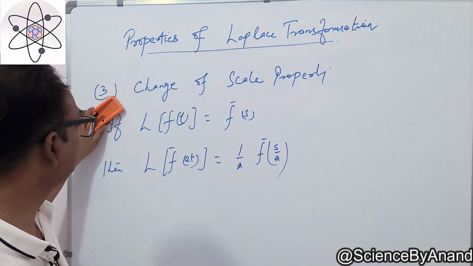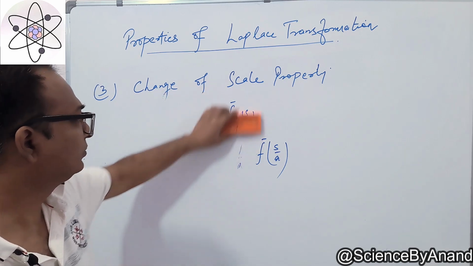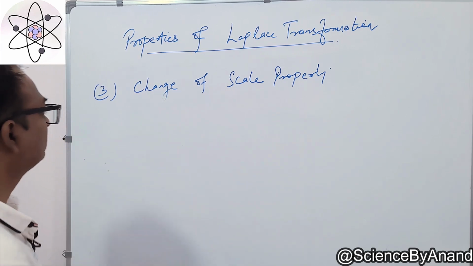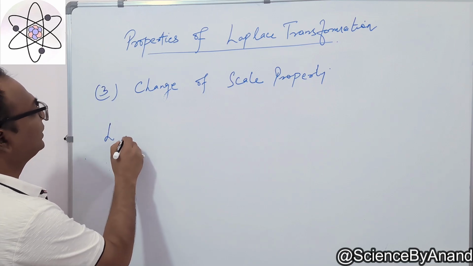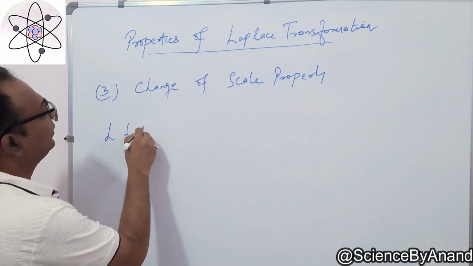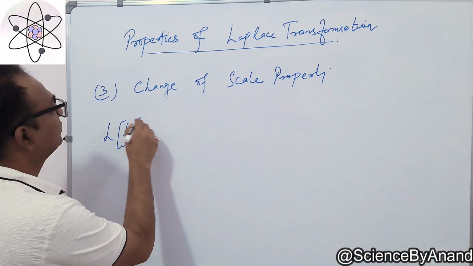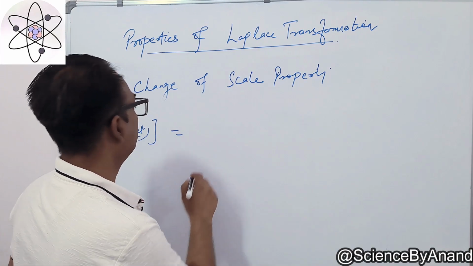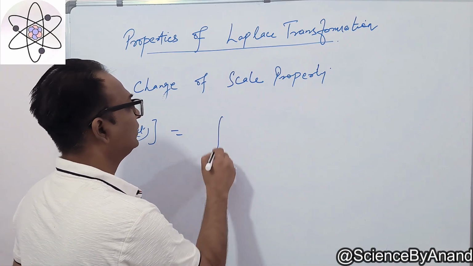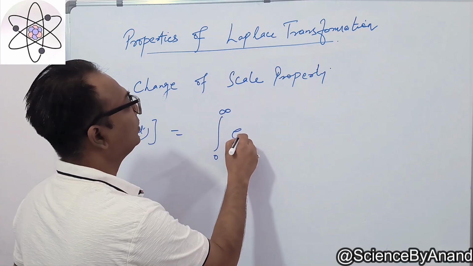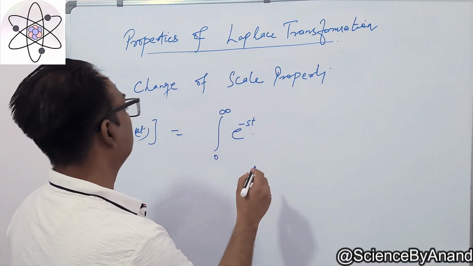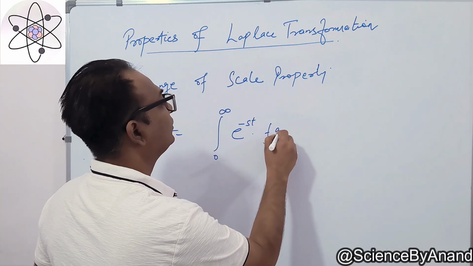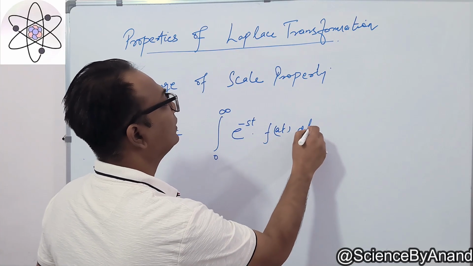Let's prove it. Let's see the Laplace transform of f(at). It will be the integral from 0 to infinity of e^(-st) f(at) dt.